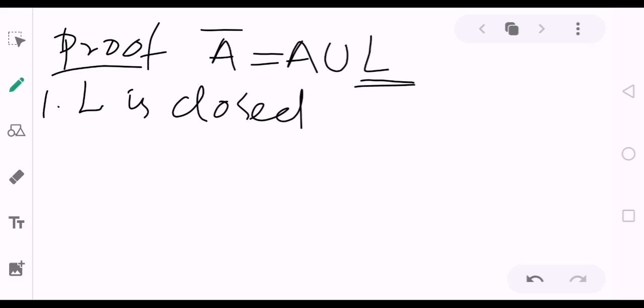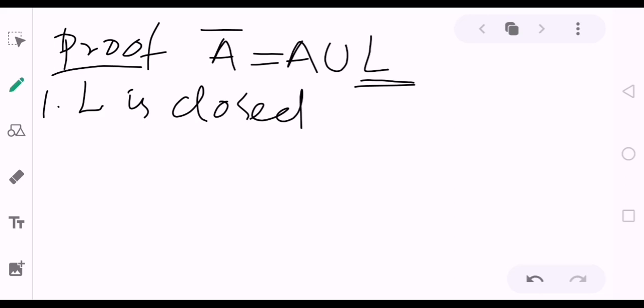Okay, so L is closed means some set is closed if all of its limit points are inside that set. So in that sense, we want to prove that L is closed.